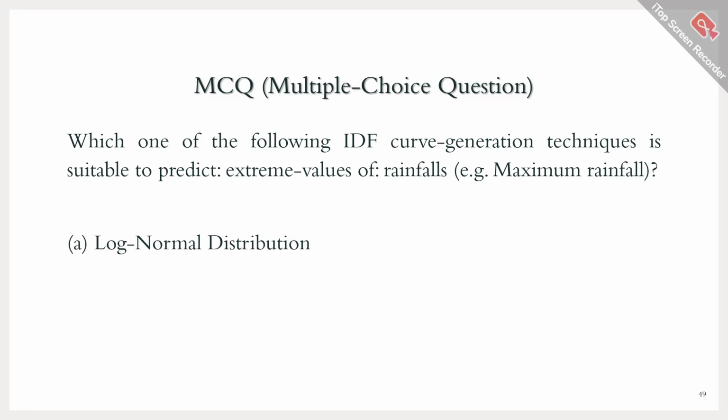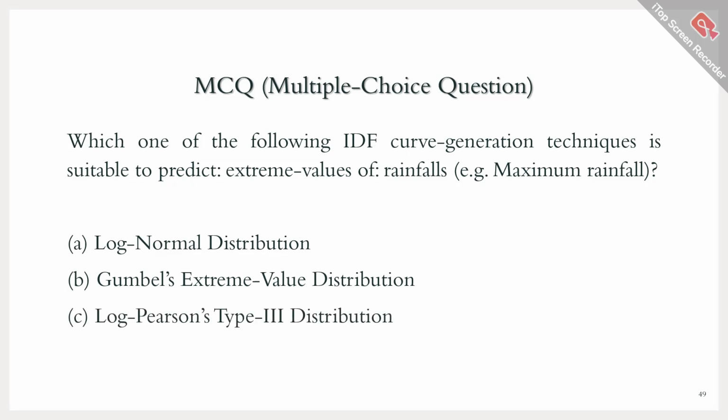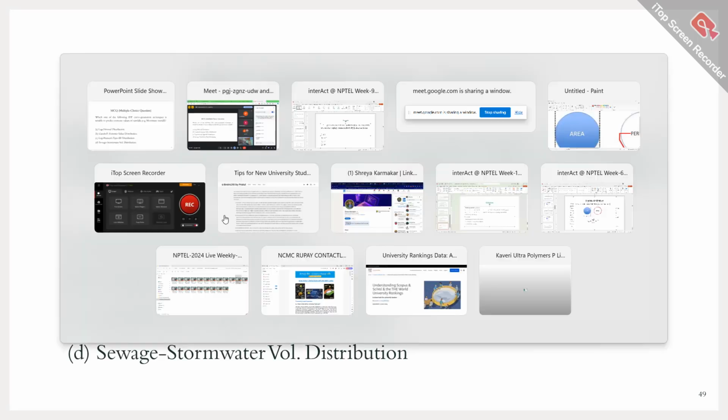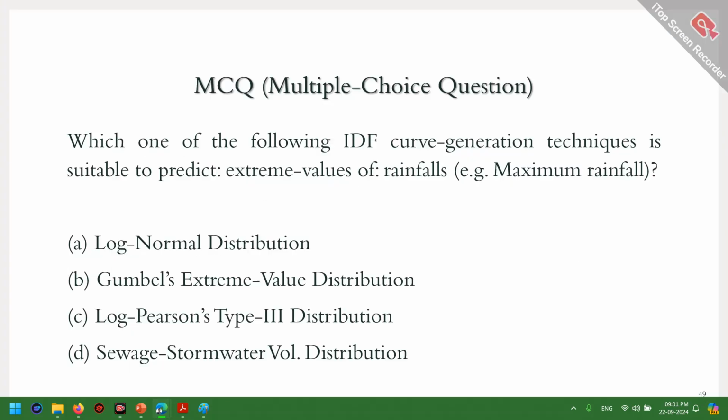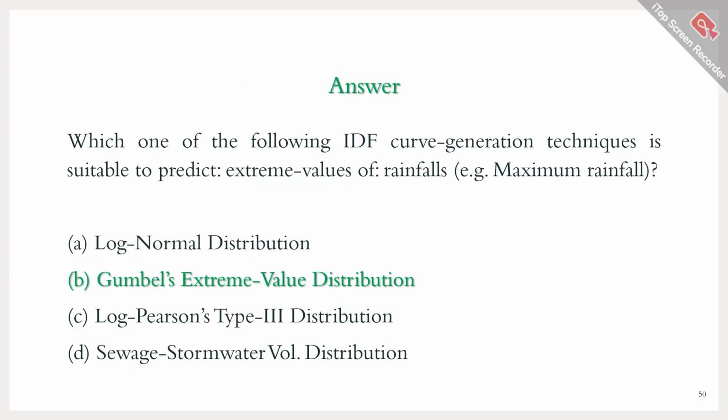Option A is log normal distribution. Option B is Gumbel's extreme value distribution. Option C is log Pearson type 3 distribution. Option D is sewage stormwater volumetric distribution. The answer is option B, Gumbel's extreme value distribution.